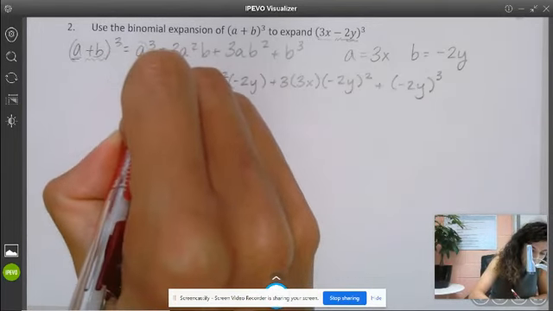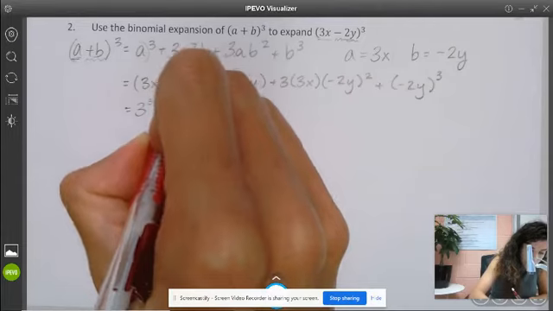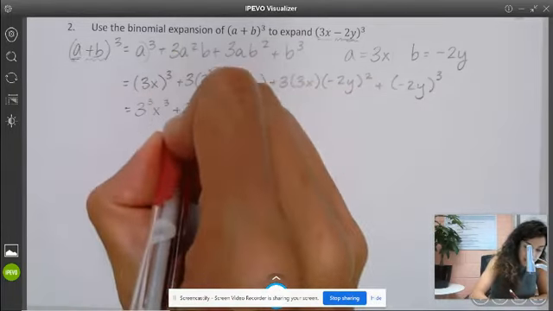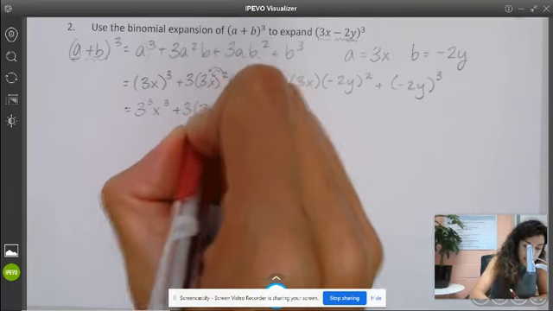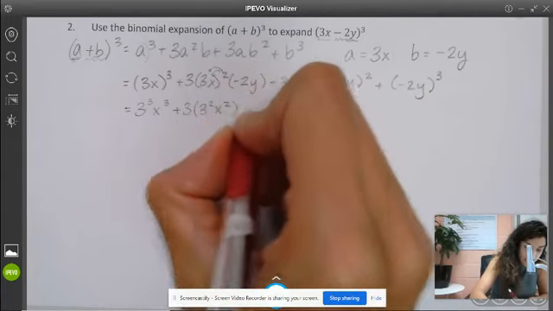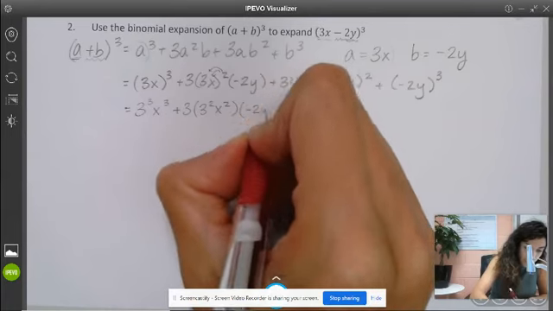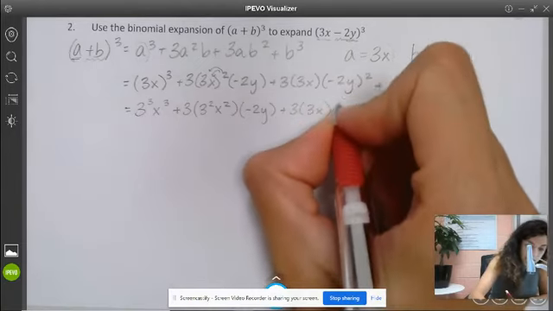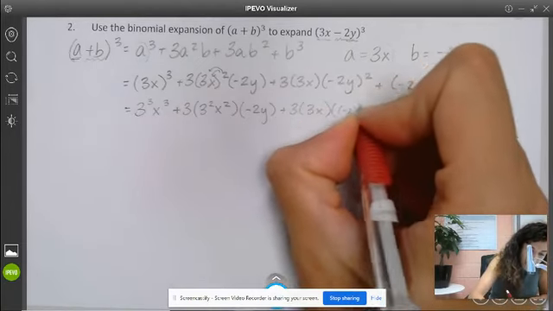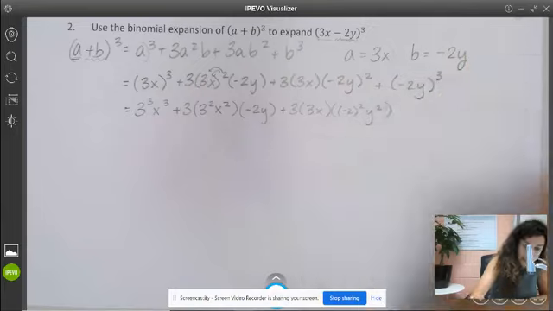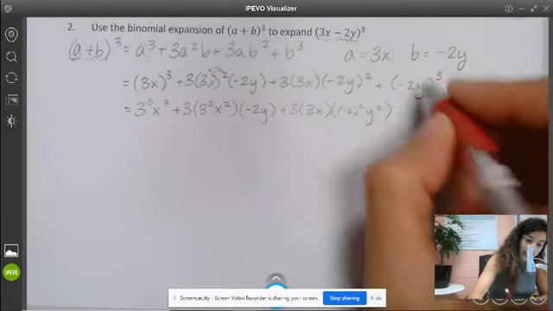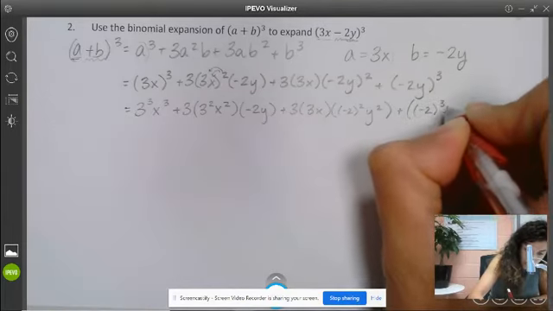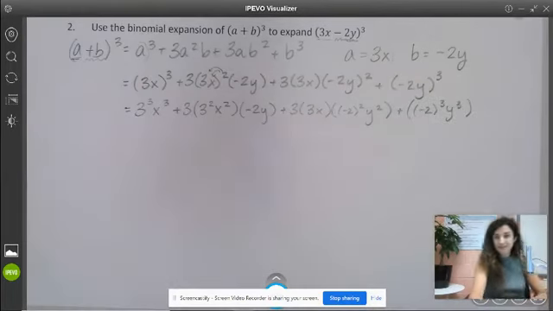So that becomes 3 cubed x cubed plus, I'm going to distribute that squared to both of these pieces. So that's 3 times 3 squared x squared times negative 2y plus 3 times 3x times negative 2 squared y squared, and then plus negative 2 cubed y cubed.